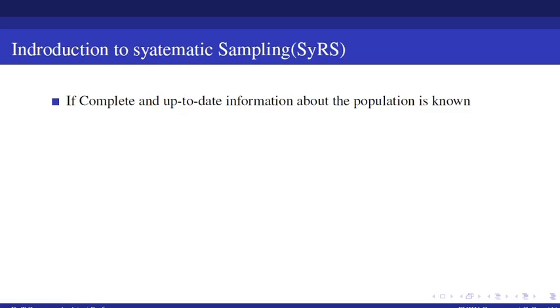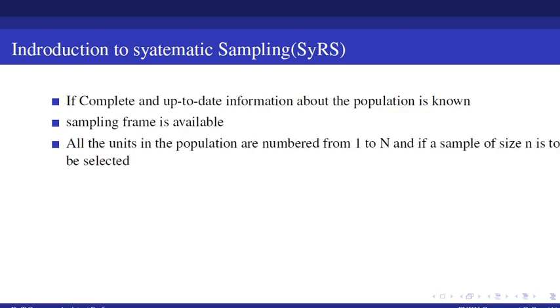Here, let us understand what is systematic sampling. If the complete and up-to-date information about the population is known to us and the sampling frame of customers or units is available, the procedure of systematic sampling is as follows.